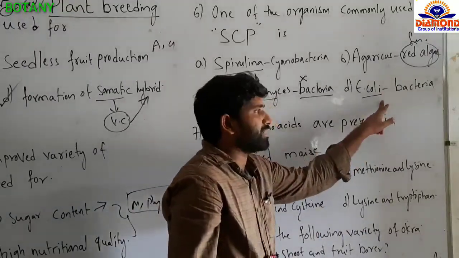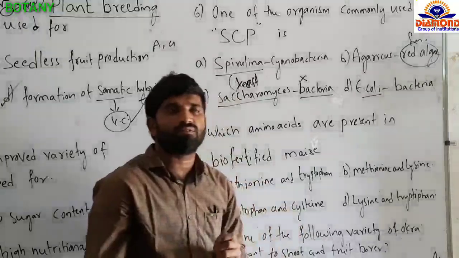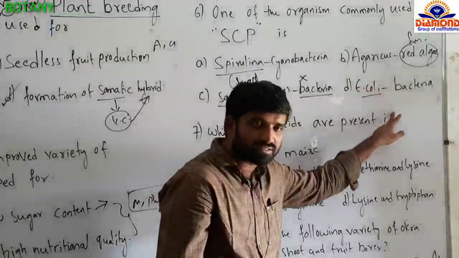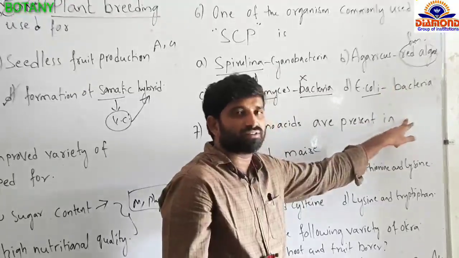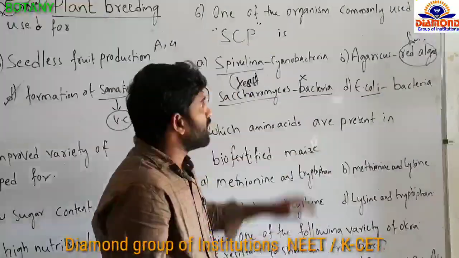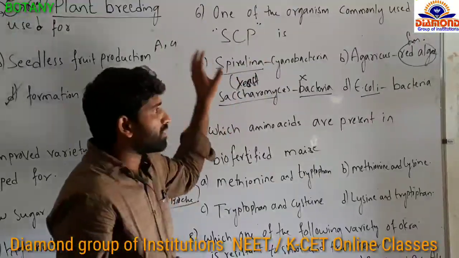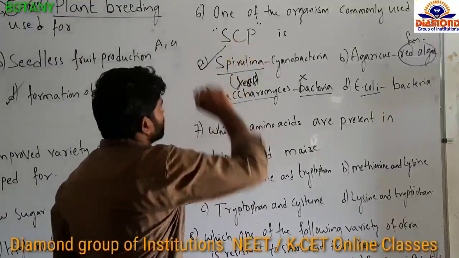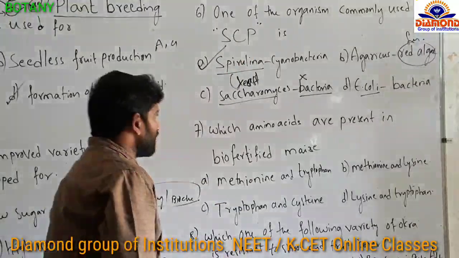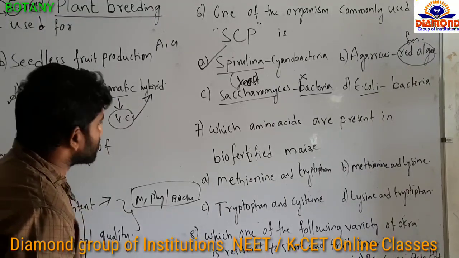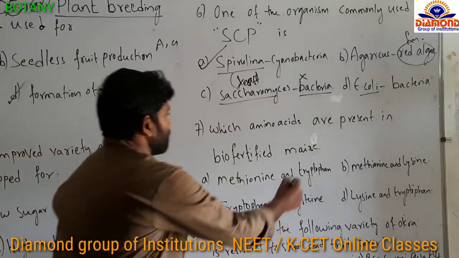E. coli bacteria can cause disease in human beings, and will not be used as SCP. So out of the given options, only Spirulina can be used as SCP.